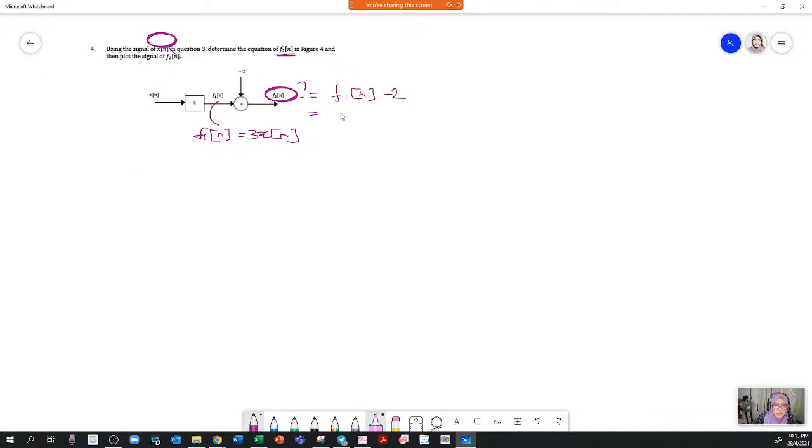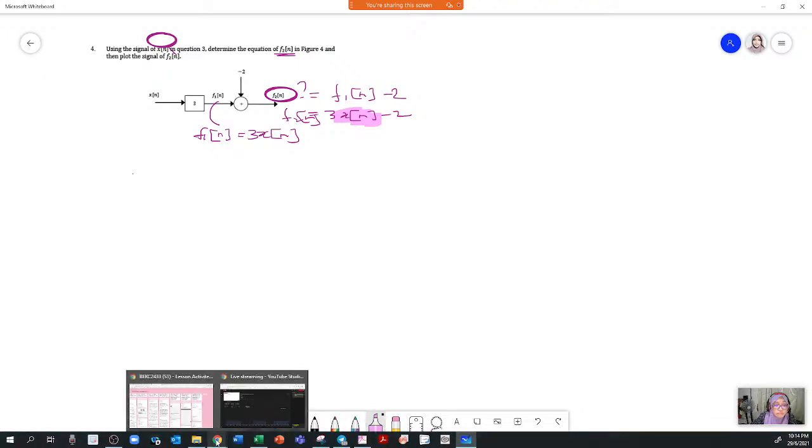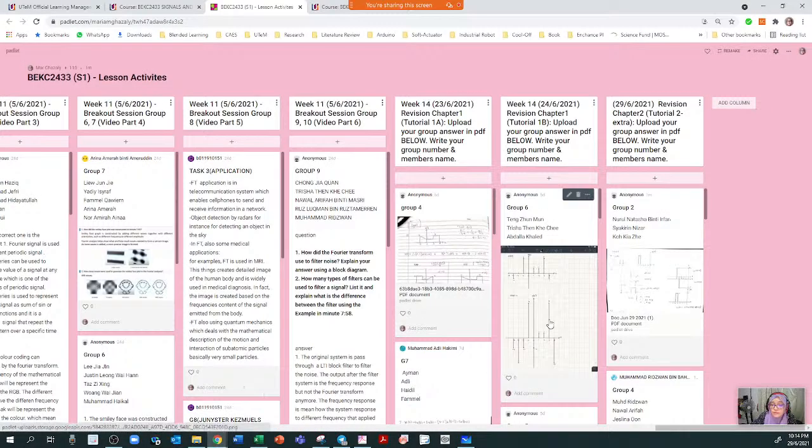So you write the equation again: 3x[n] minus 2. It looks like a very simple equation. You need only the x[n] value, and the rest is just amplitude scaling and shifting.